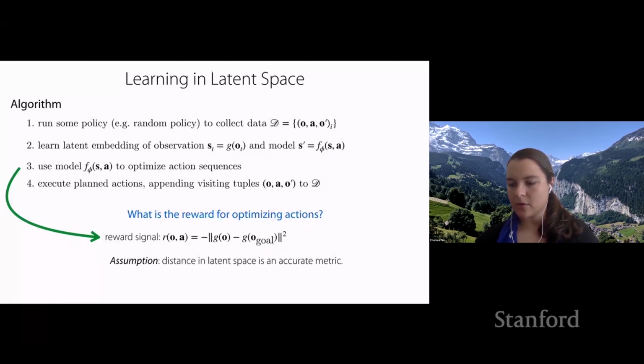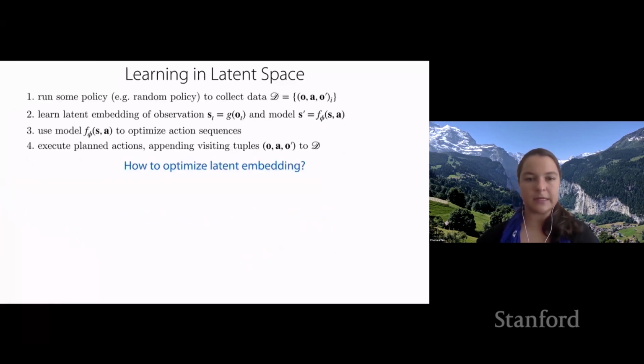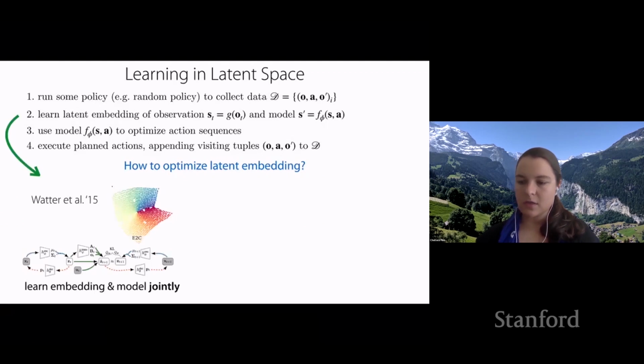Okay, so now how do we go about actually optimizing for the latent embedding space? What this first paper did is they learned an embedding and a model jointly. They basically took something that looks like a variational autoencoder, except over 2 time steps, and jointly learned how to reconstruct images.